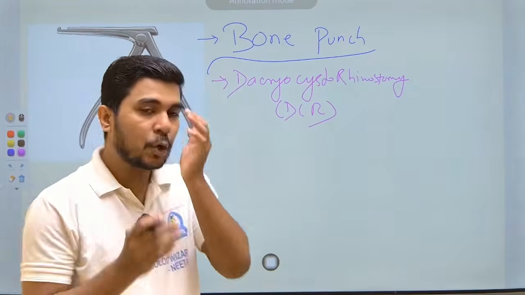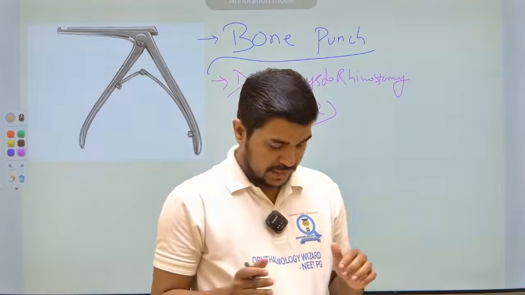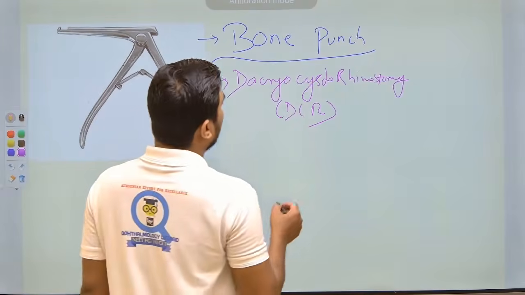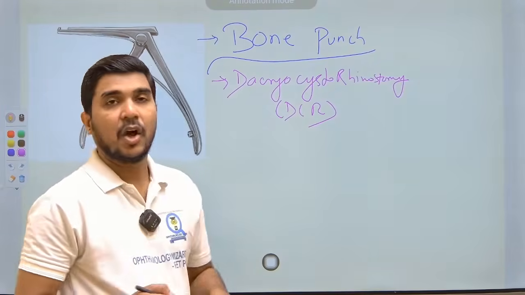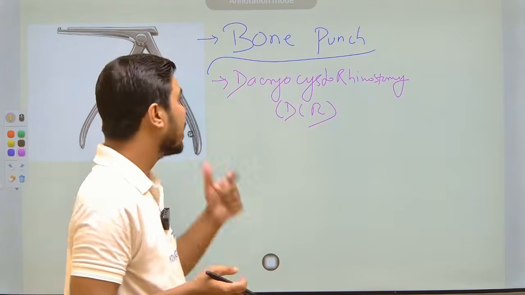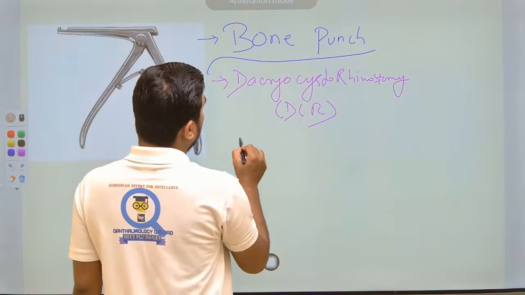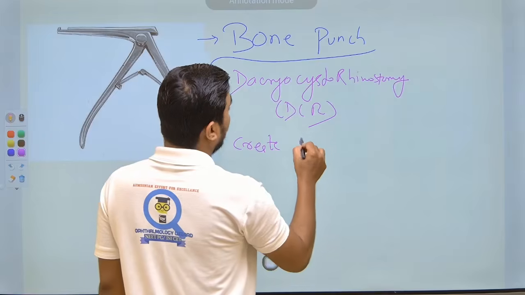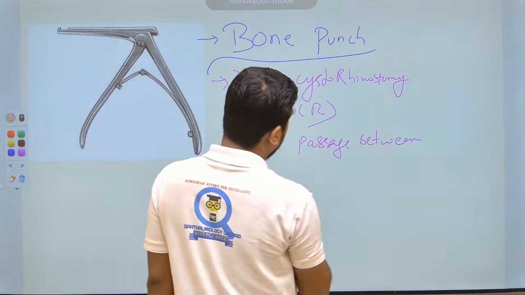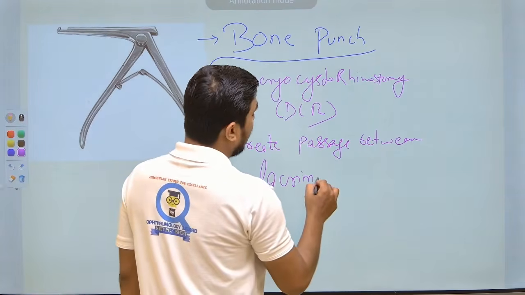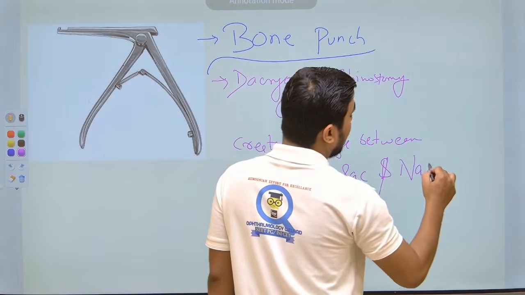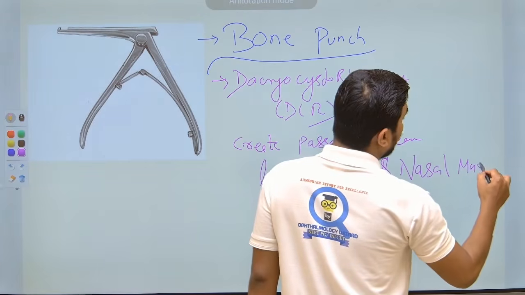In DCR operation, this is used. After 3 years of age, we can go for the DCR operation, right? So this is basically used in the DCR operation. What happens in the DCR operation? It cuts the lacrimal bone and creates a passage between the lacrimal sac and the nasal mucosa.